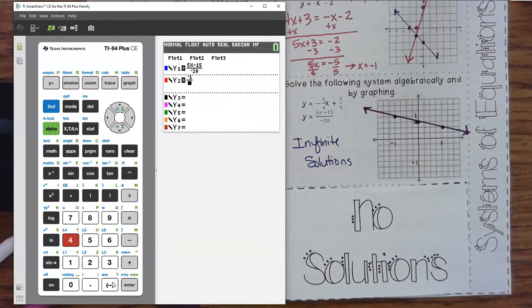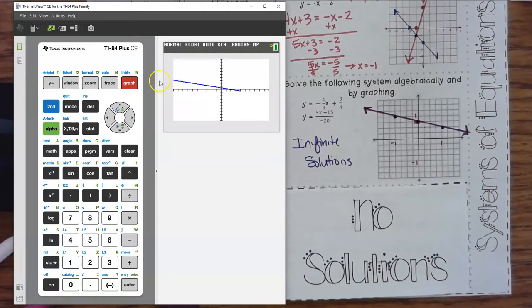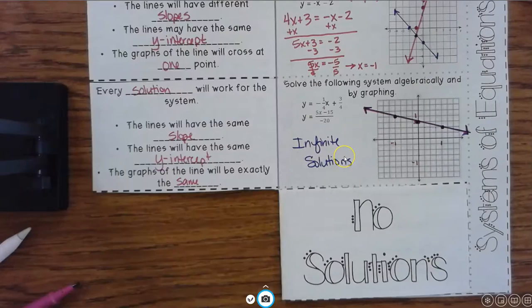So negative 1 over 4 x plus 3/4. If I graph these, I always encourage my students to watch the graph. So there goes my blue line, and then you can see the red line trace right over it. So if you're using a graphing calculator, pay attention to what is happening when you graph the equations.